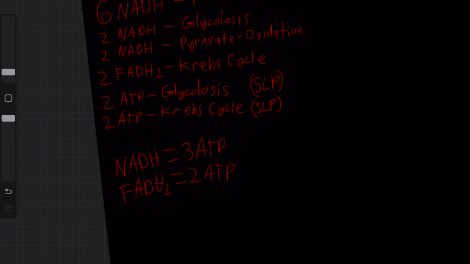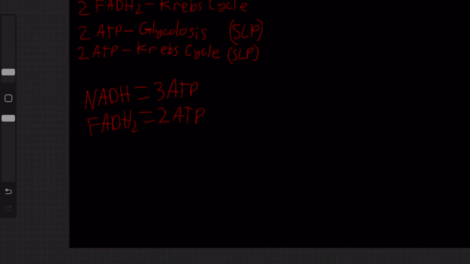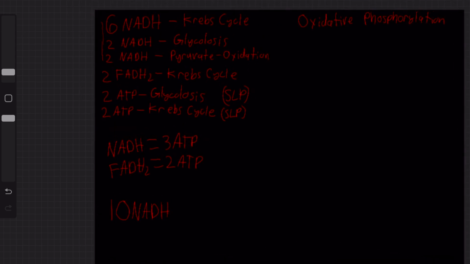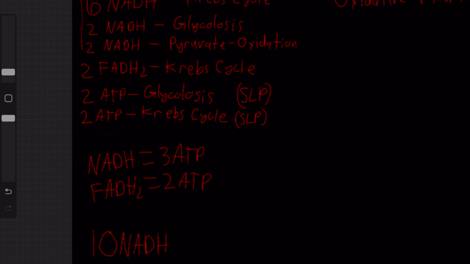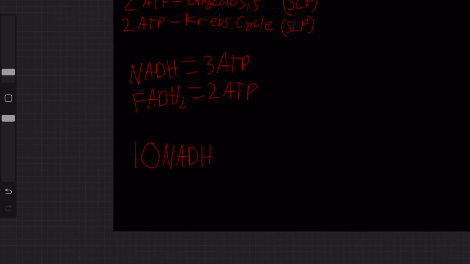So now we have a total of 6 here plus 2, which is 8, plus another 2, which is 10. So we have 10 NADHs. We have a total of, again, 2 FADH2, that doesn't change. And we have a total of 2 ATPs from both, so that will give us 4 ATPs.